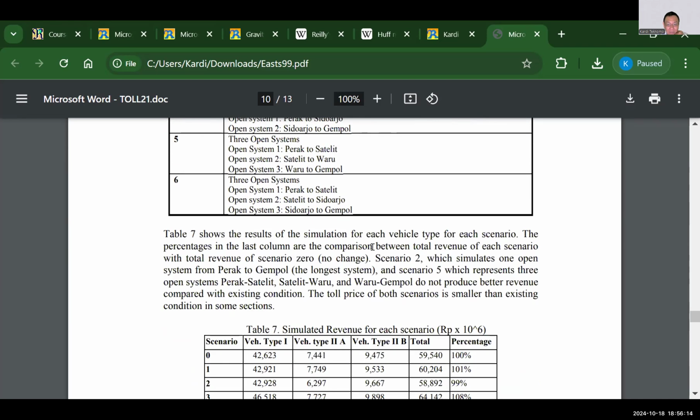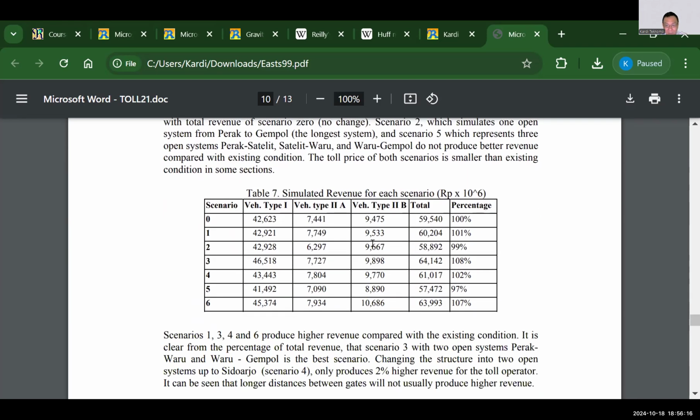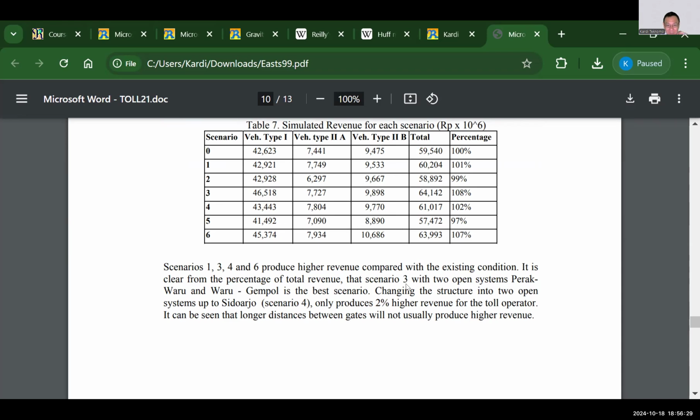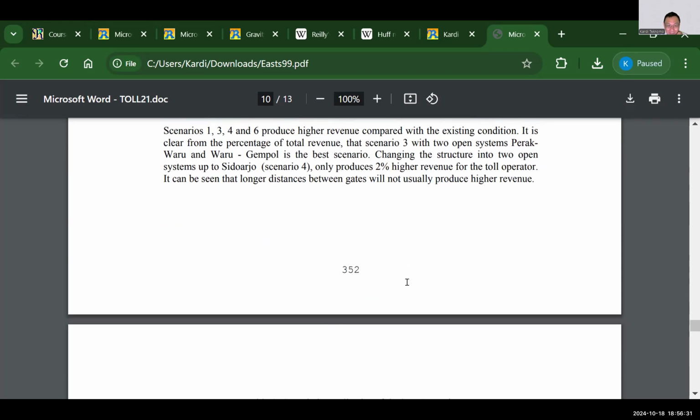And then we run again. For each scenario, how much is the actual revenue? And until now it is still being used. It's already 25 years. They did not change the value. When you come here, you will see the price is exactly the same.